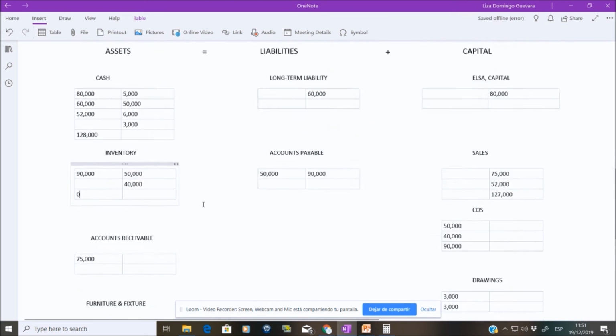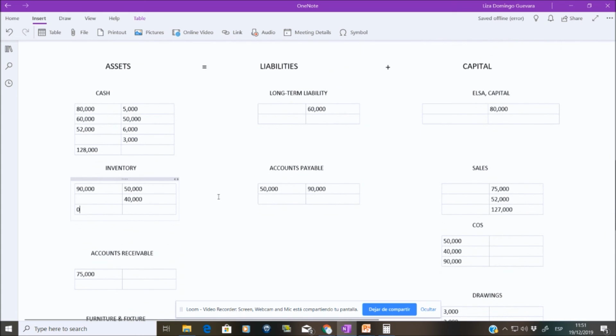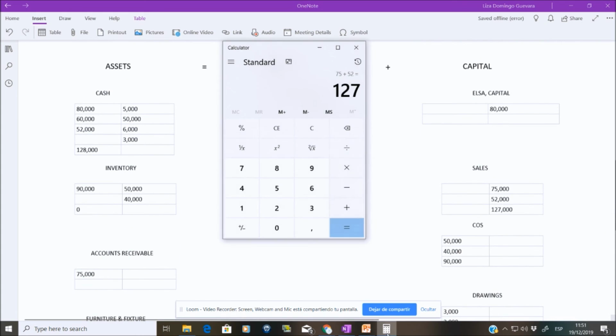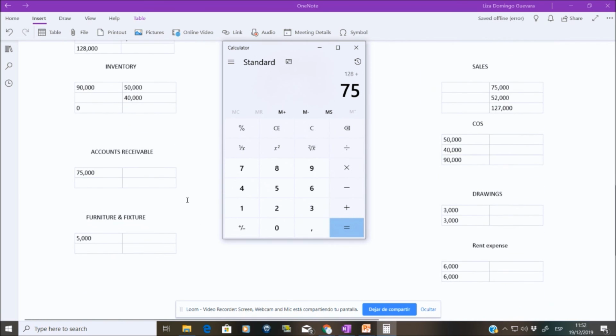So let's total all of the assets. Your cash is 128. Your accounts receivable is 75. And your furniture and fixture is 5.